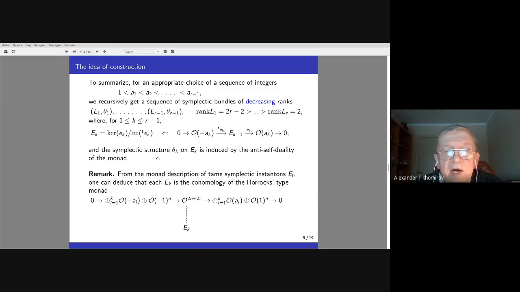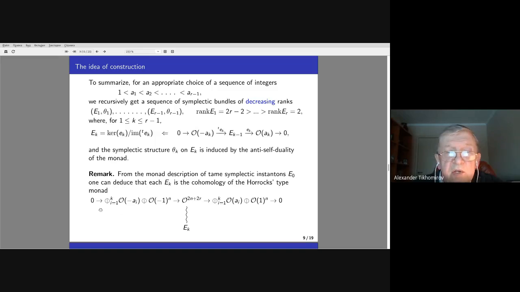Let us remark that tame symplectic instantons also have the usual monad description, with the trivial bundle in the middle and O(1) to the n-th power, respectively its dual, at the left and right hand.